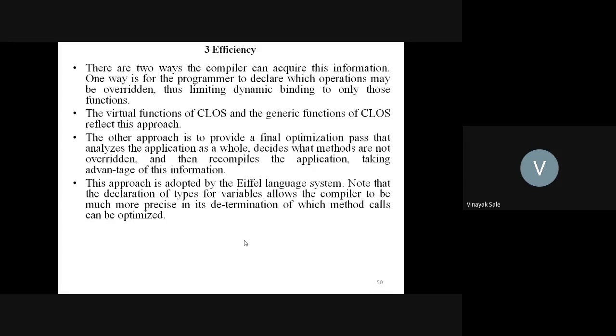Virtual functions of C++ and the generic functions of CLOS reflect this approach. The other approach is to provide a final optimization pass that analyzes the application as a whole, decides what methods are not overridden, and then recompiles the application taking advantage of this information.